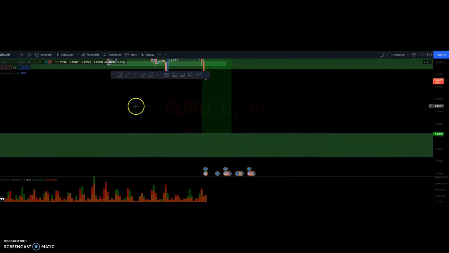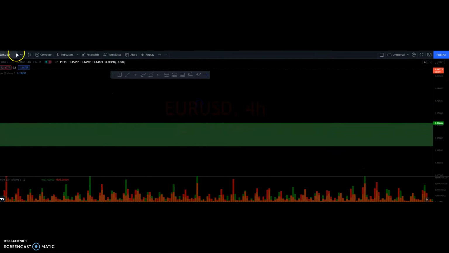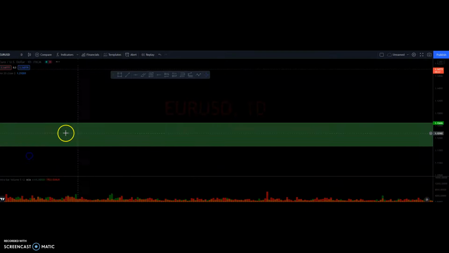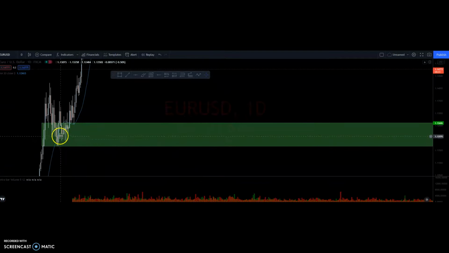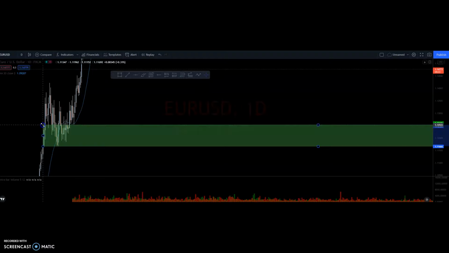I have it going down to the next zone, and I made this zone on the daily, and it was based off of this. So, you know, I kind of caught this candlestick right here. It's a little high. So it's really supposed to be right there.